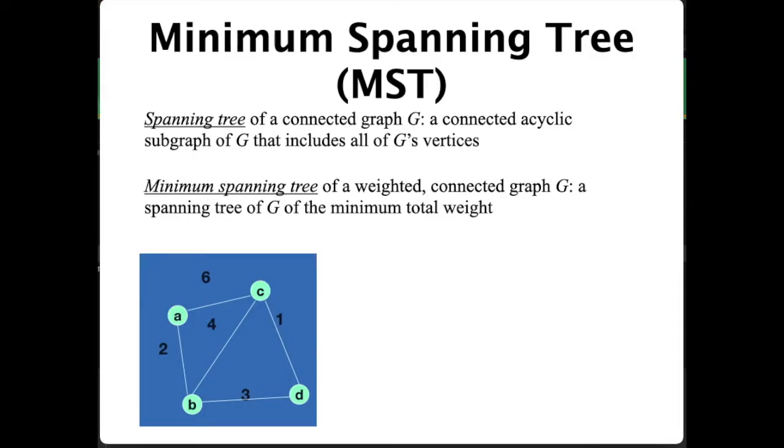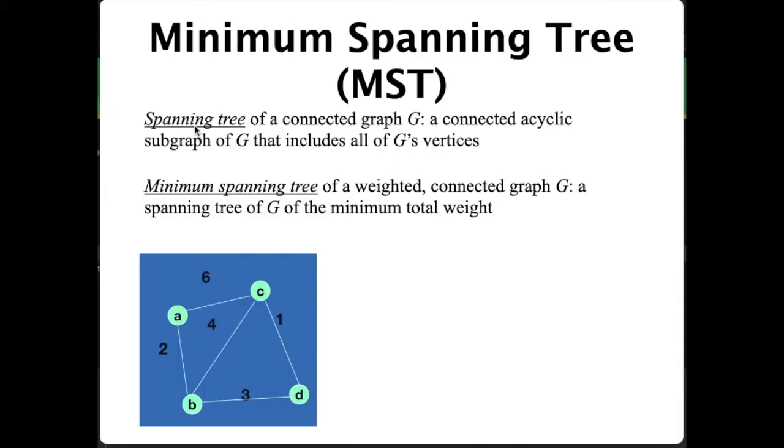Let's start with the definition of a minimum spanning tree, but before we discuss the minimum spanning tree, yung spanning tree muna. So, a spanning tree of a connected graph G is a connected acyclic subgraph of G. So, since it's a tree, of course, dapat acyclic yung subgraph ni G that includes all of G's vertices.